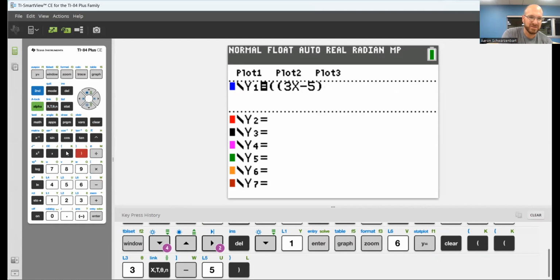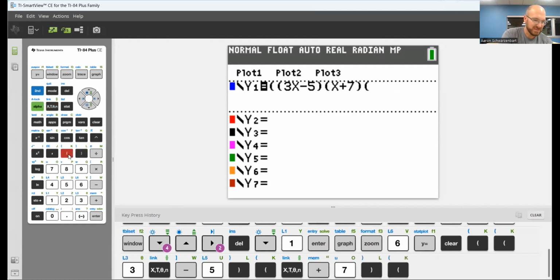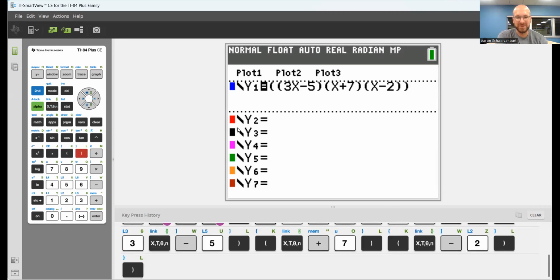Close my parentheses, new parentheses, x plus 7. New parentheses, x minus 2. And yes, even though the x minus 2 cancels, I'm going to put it in there. Close my set of parentheses for the numerator.